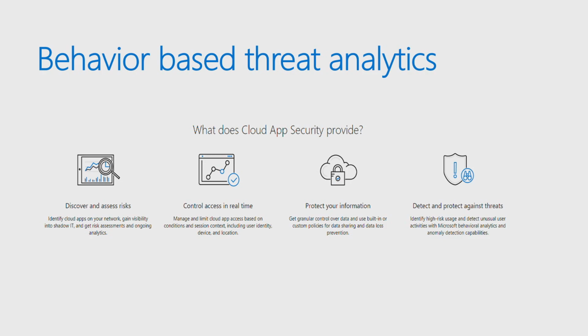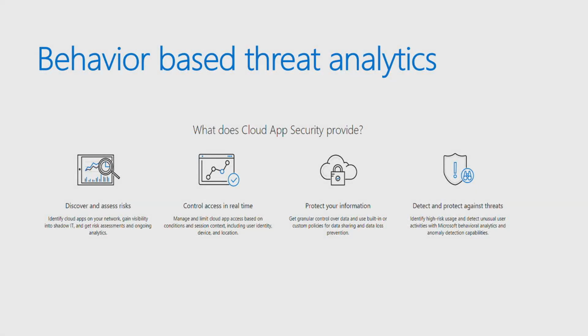Get granular control over data and use built-in or custom policies for data sharing and data loss prevention. It is also able to identify high-risk usage and detect unusual user activities with Microsoft behavioral analytics and anomaly detection capabilities.